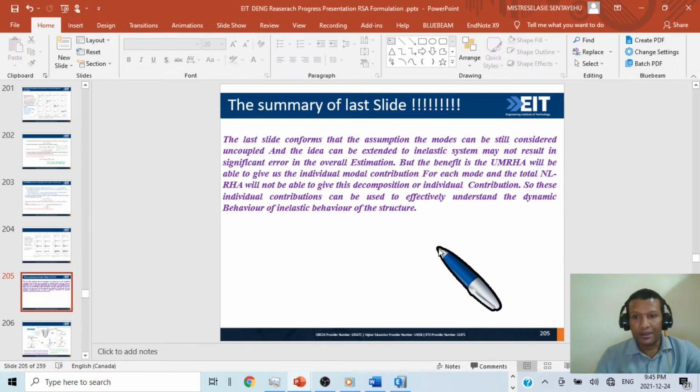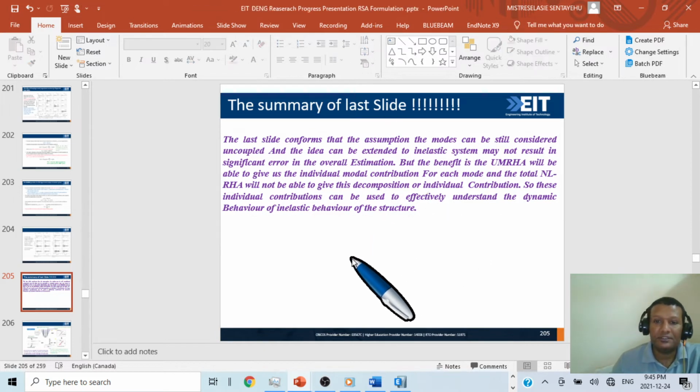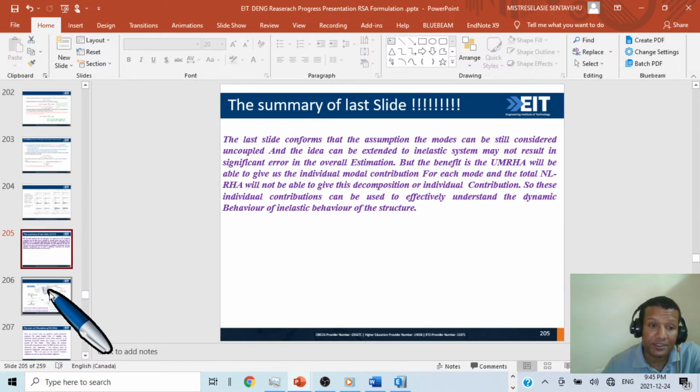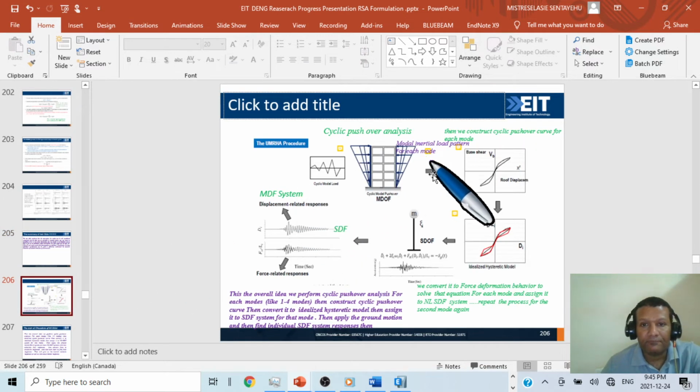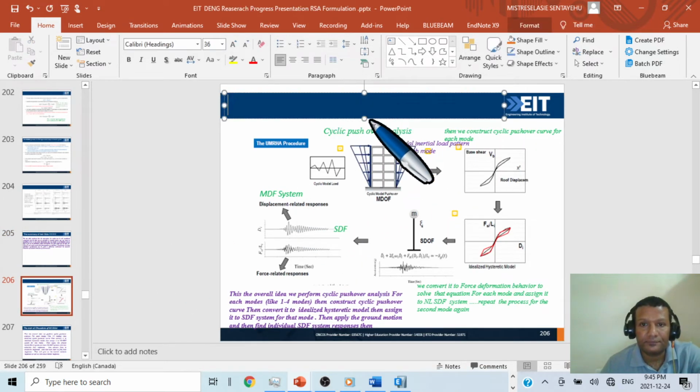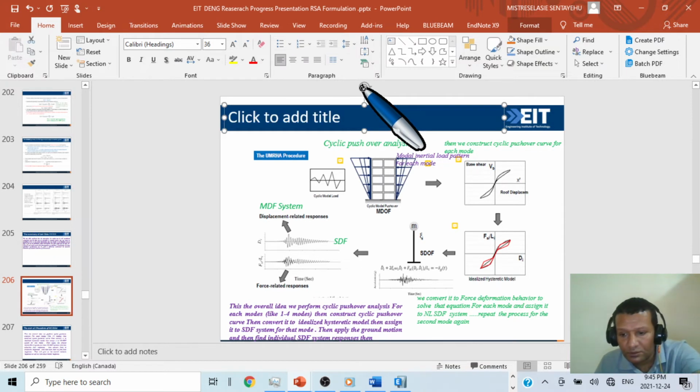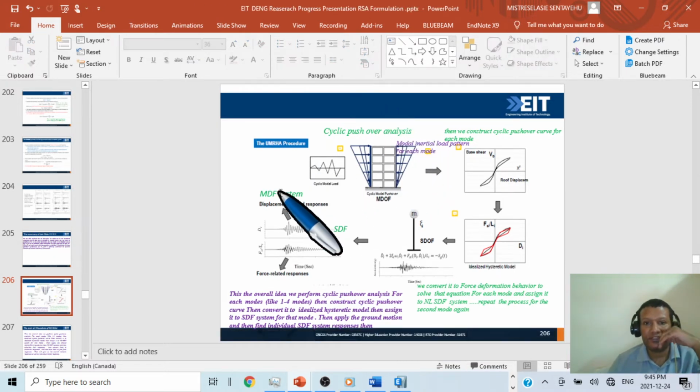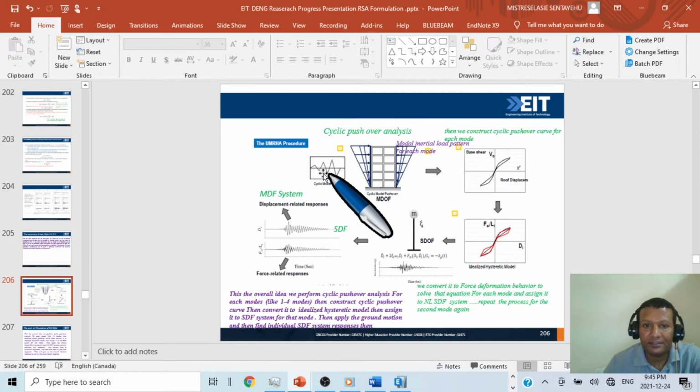So UMRHA and nonlinear response history analysis procedure give almost the same result as per Chopra and Goel research. That is what they do.